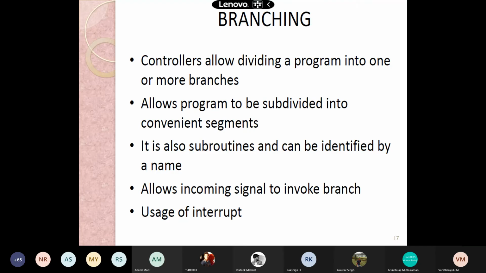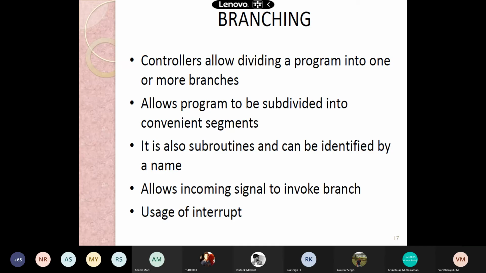A branch can be thought of as a subroutine that is called one or more times during the program.